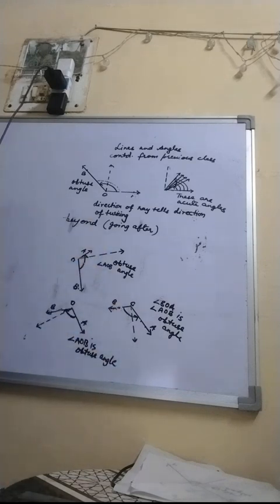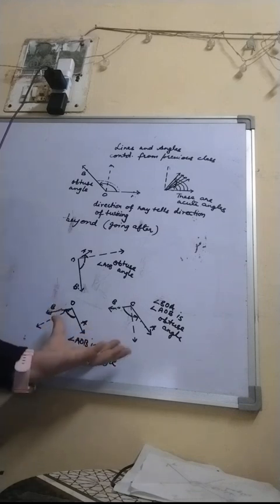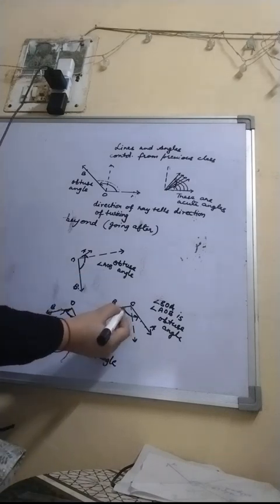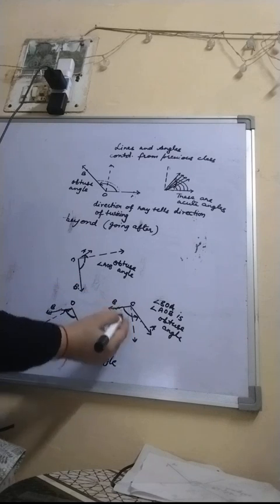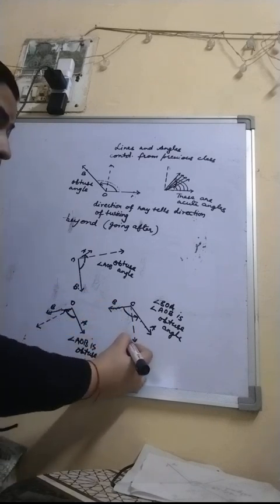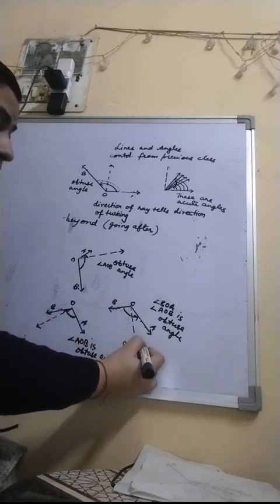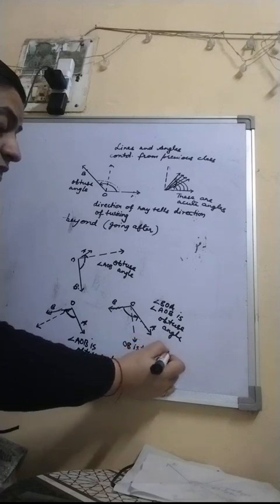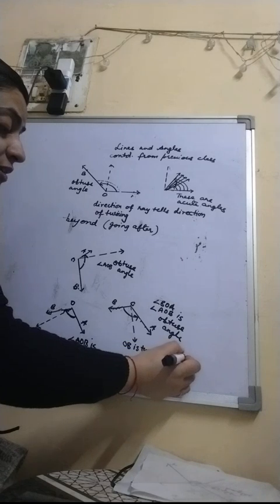Like you see in your newspaper, there comes a picture where you are asked to find the difference between the two. Suppose these two angles are given and you have to find the difference. In this case OB is turning and going to OA.